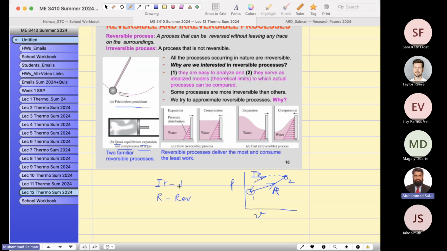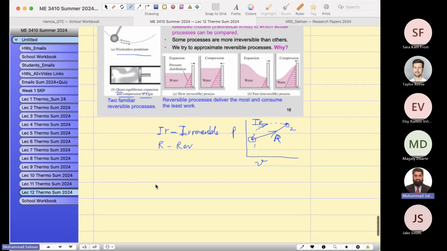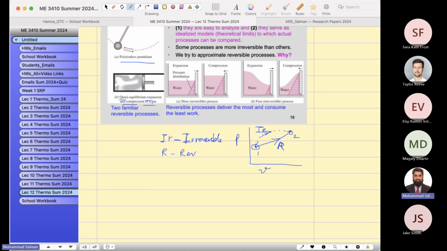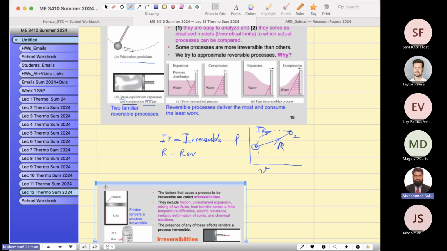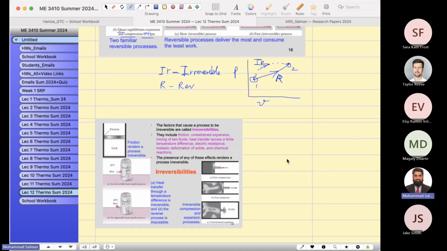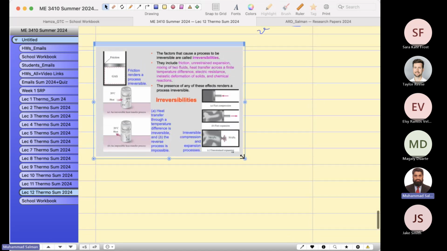In a reversible process, you do not lose the heat or energy into eddies or friction, but in an irreversible process you lose a lot of heat or energy in terms of eddies or some friction. When there are friction losses, the process becomes irreversible. That's why it cannot come back to the initial state.